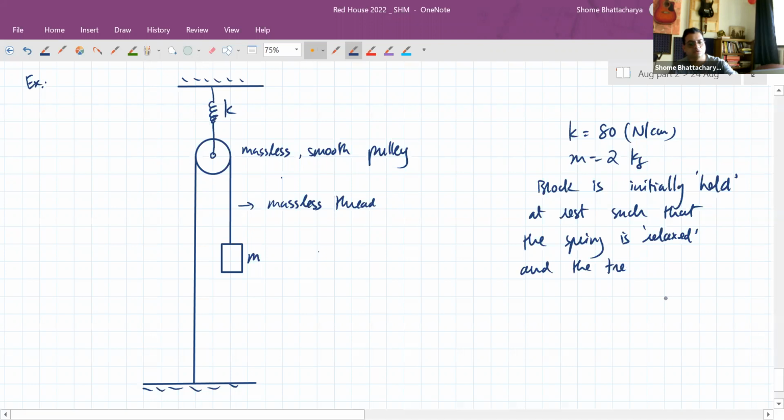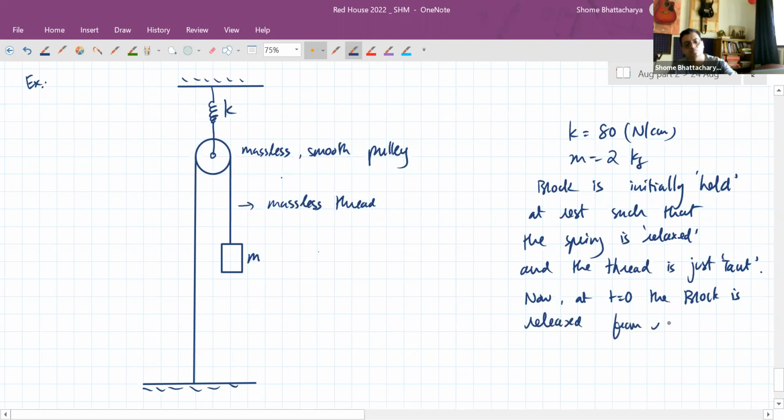The thread is just about taut. Neither is it loose nor is it having tension. Now at t equal to 0, the block is released from rest. g is equal to 10 meters per second square.